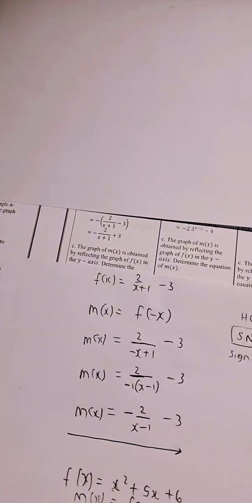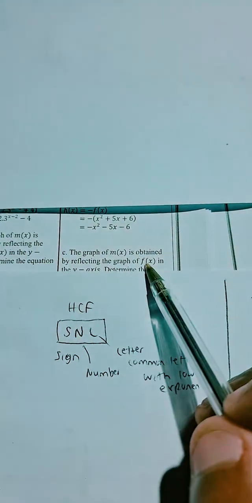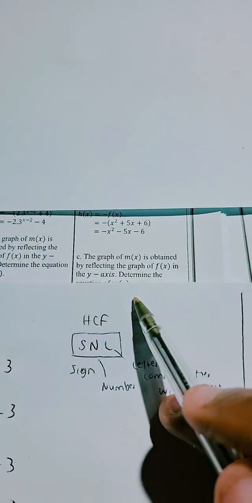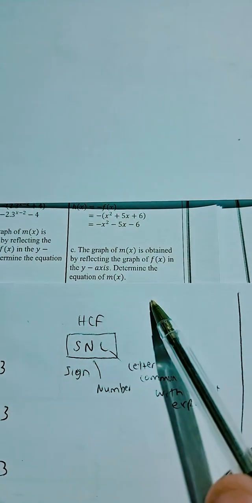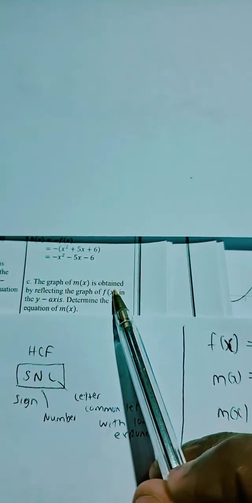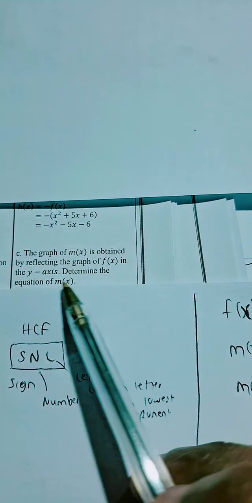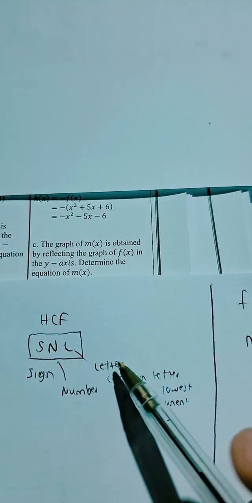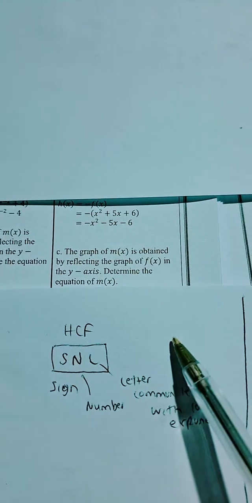What was the question? The graph of m of x is obtained by reflecting the graph of f of x in the y-axis. Determine the equation of m of x. I repeat, the graph of m of x is obtained by reflecting the graph of f of x in the y-axis. Determine the equation of m of x. That was the question.